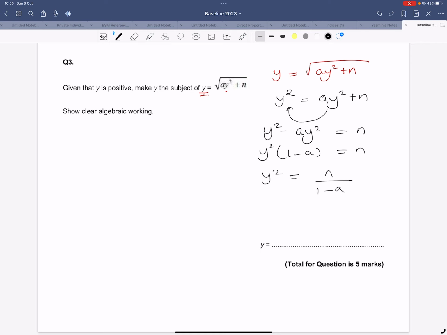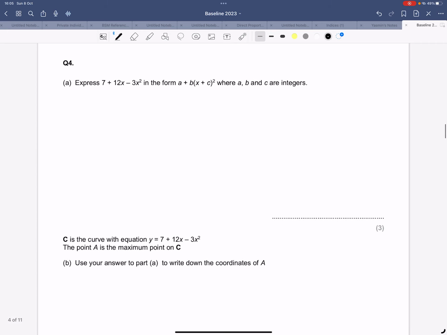I don't want y squared, we want only y, so we can obviously go ahead with square rooting, and they said here actually the positive value, so we don't need plus or minus, so y equals root of n over 1 minus a, and that's it. Nice and easy, 5 marks, done.